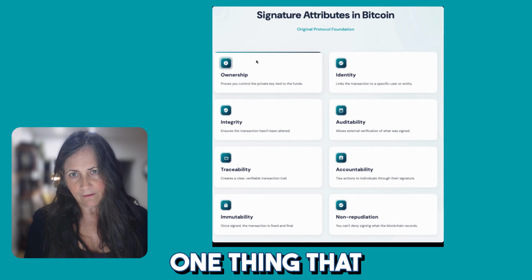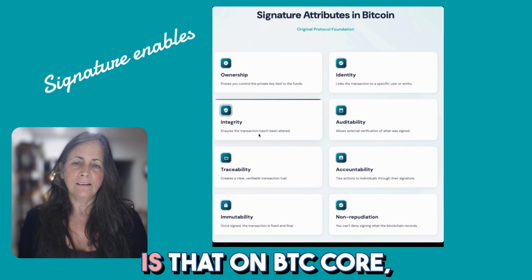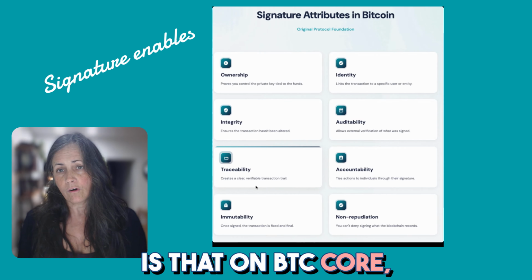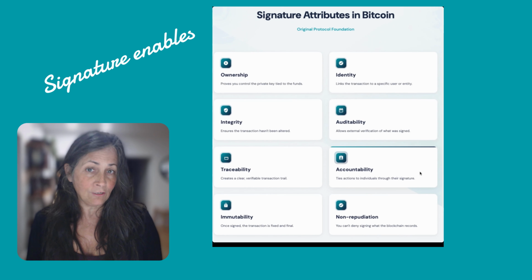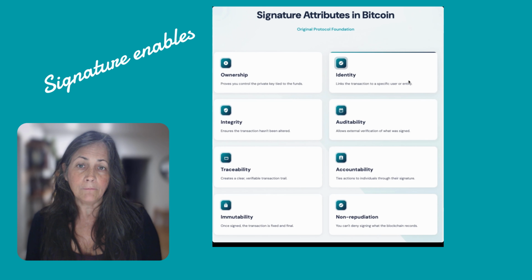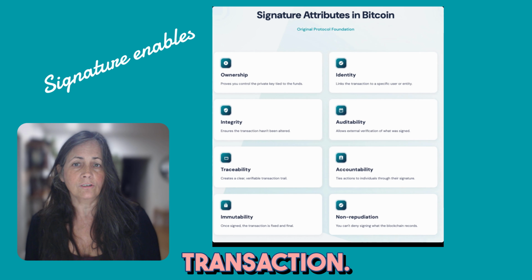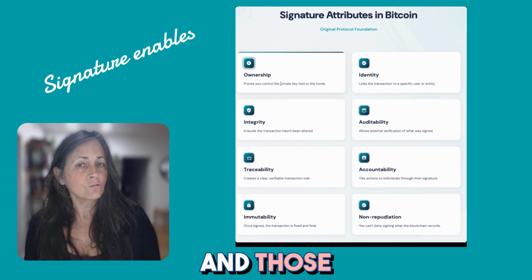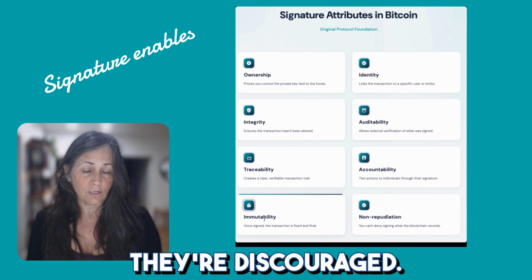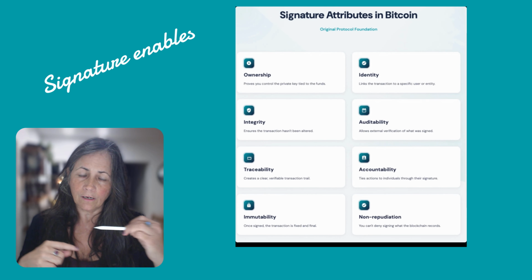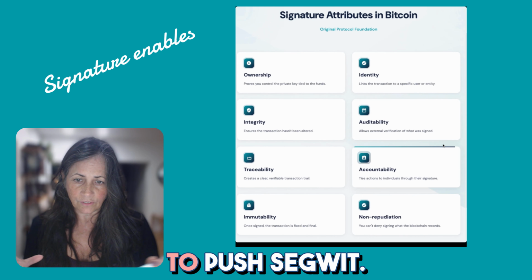One thing that I do want to say is that on BTC Core, you can still do a P2PKH transaction, meaning a non-SegWit transaction. And those transactions do still happen. They're not very often. They're discouraged. All of the wallet providers were told to push SegWit.